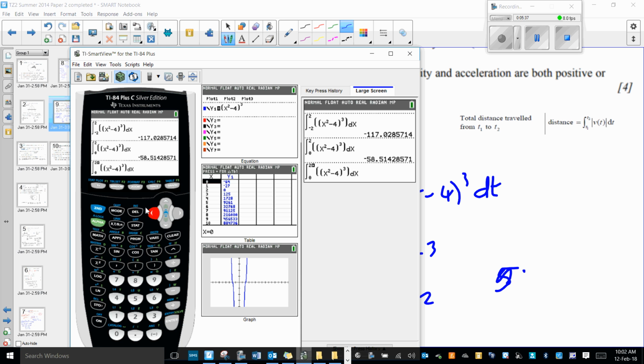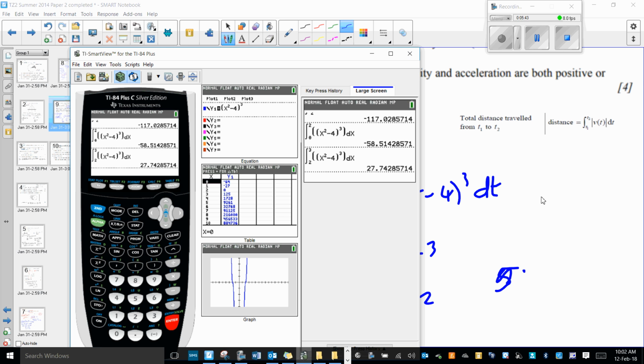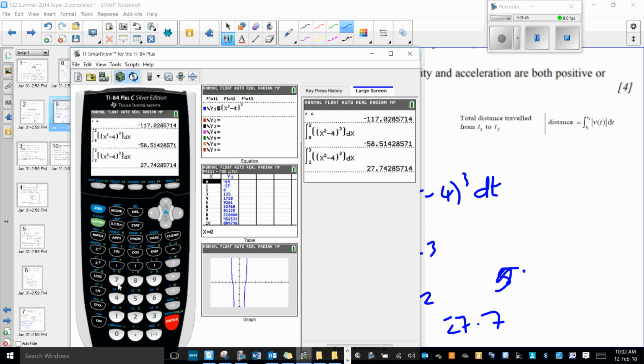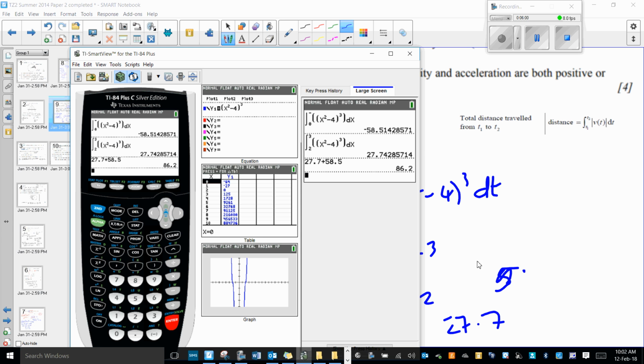It's going to be now 3 to 2, which is 27.7. Add those two together. What was it? 58.5. Gives 86.2.